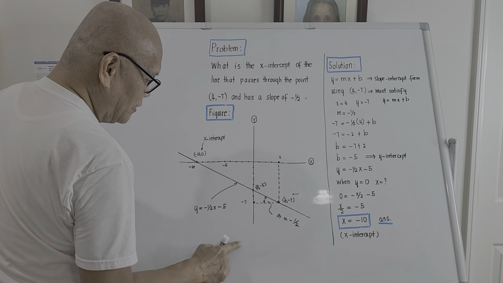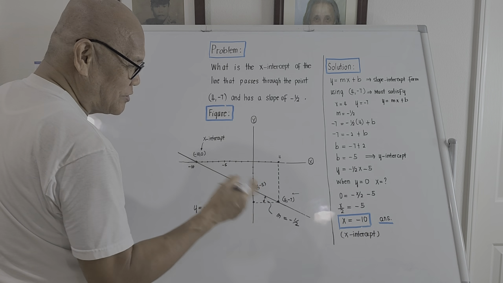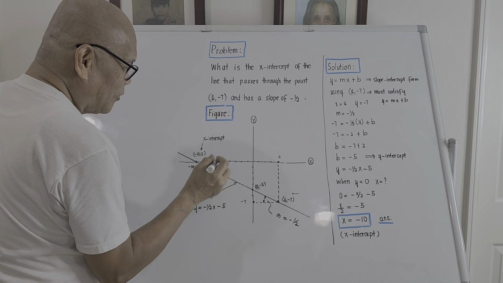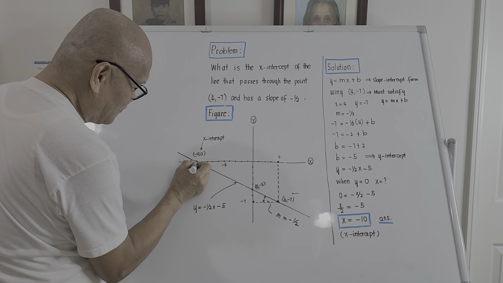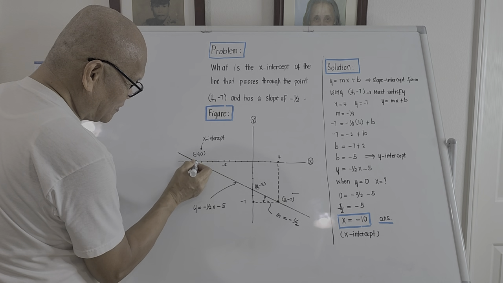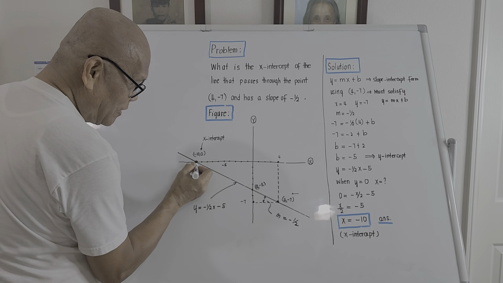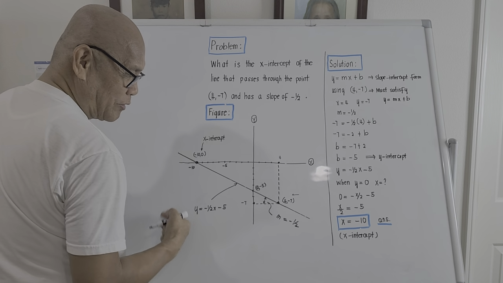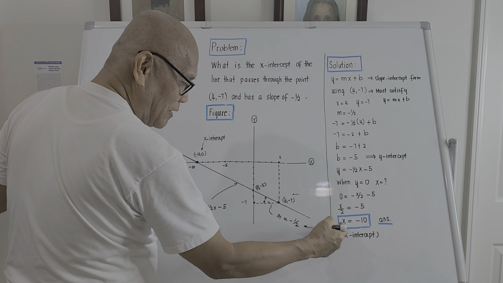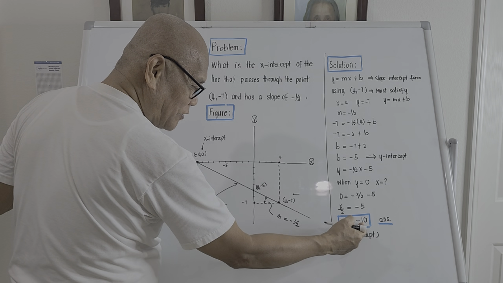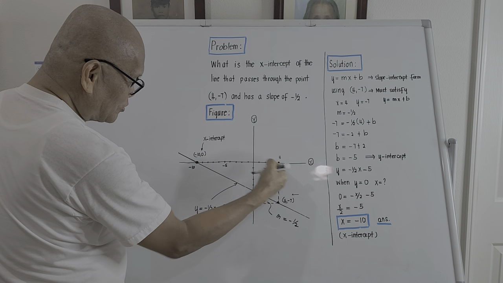And the problem is just asking where the line passes through the x-axis. It is at this location here. The problem is asking what will be the coordinates of this x-intercept. According to our computation, I will just give the answer, but I will discuss the solution later. The x-intercept is actually negative 10, meaning this is 10 units to the left.